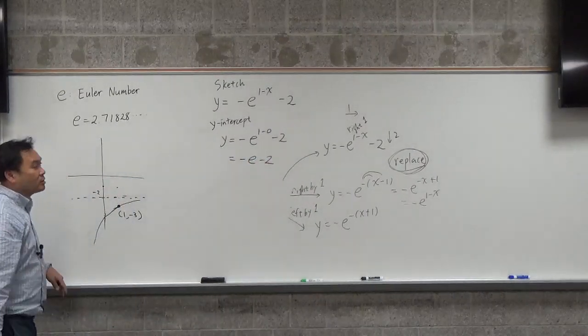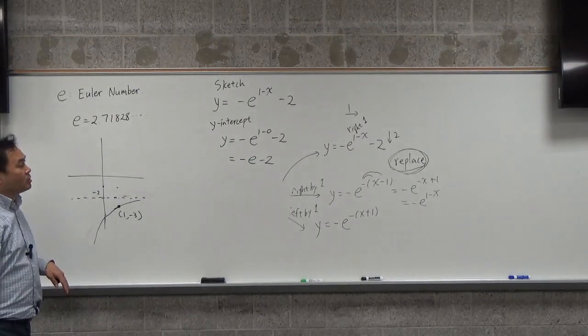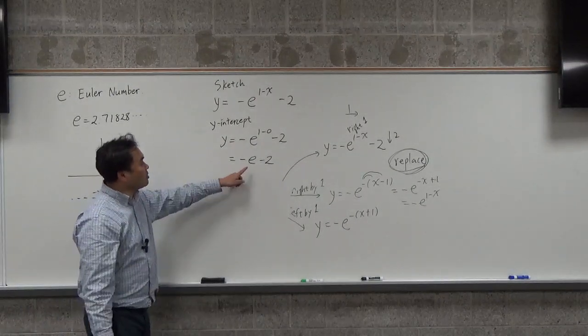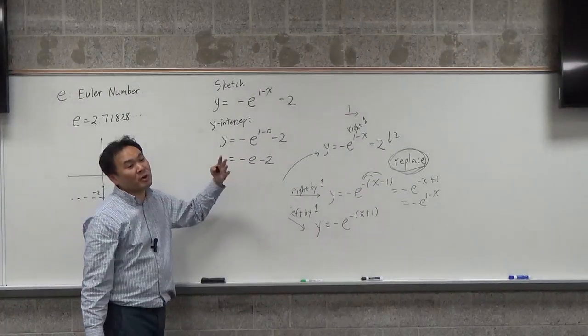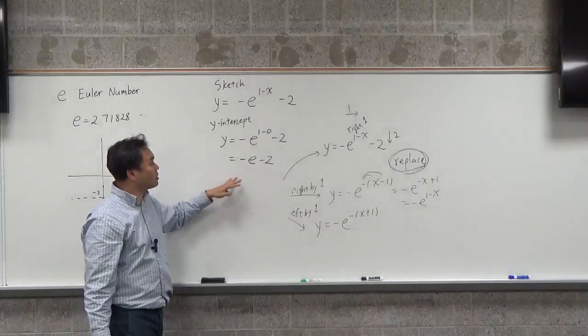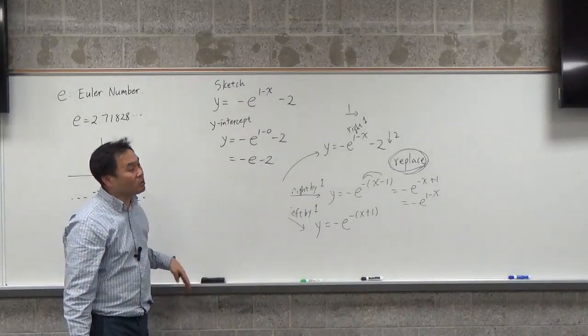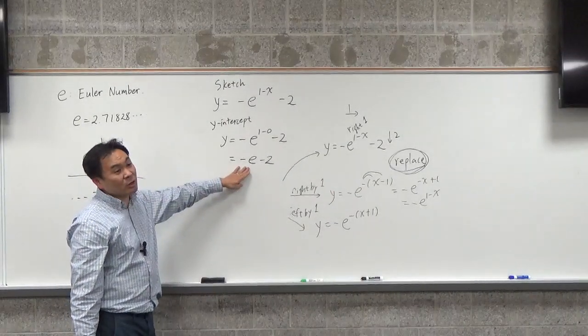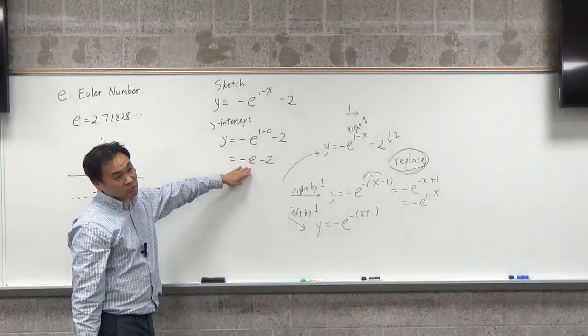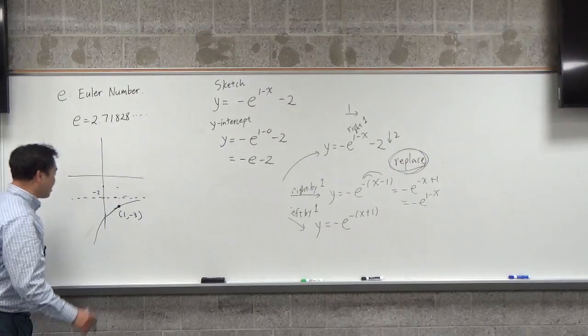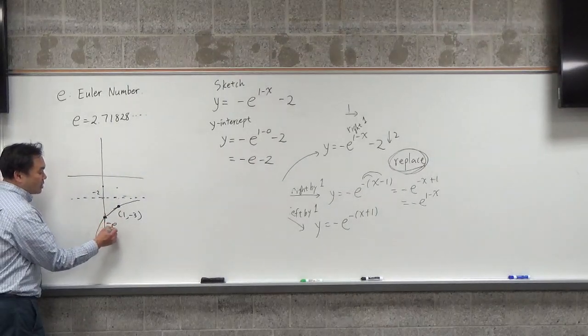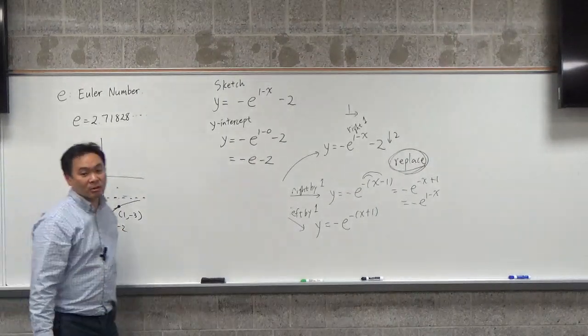So e is 2.718. So negative 2.7 minus 2 will be about negative 4.7182. Okay, so that's the approximate value. But to write down the exact coordinates, you should leave it like this. So that's your y-intercept. This y-intercept is negative e minus 2. That's the final answer.